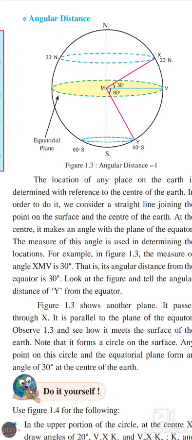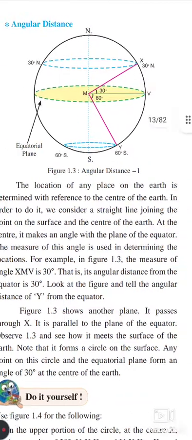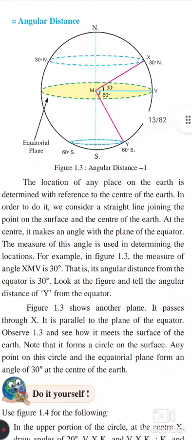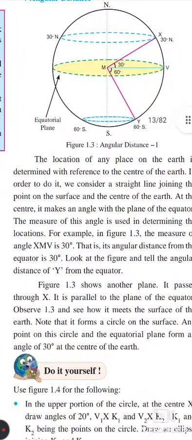In order to do it, we consider the straight line joining the point on the surface and the center of the earth. At the center, it makes an angle with the plane of the equator.